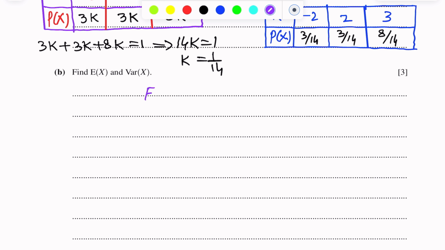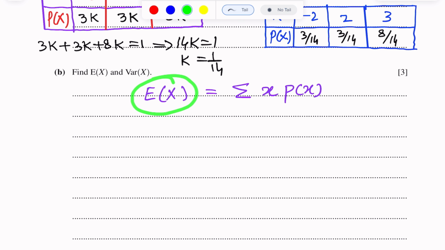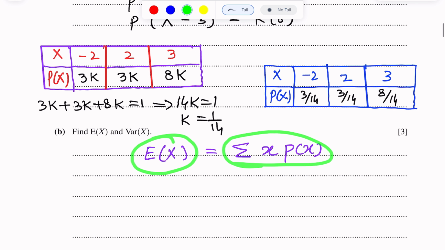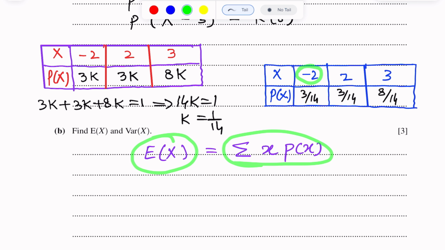This is the formula: Ex is equal to summation x into px. This is the formula in this chapter to find the expected value of x. We multiply the value of x and the related probability and find a sum, because this notation shows the sum of product of x and px.